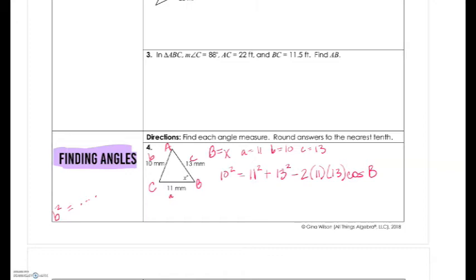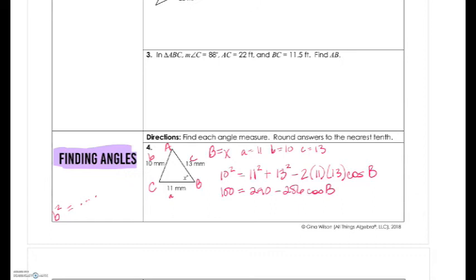So I'm going to go ahead and work this out, and I've got 100 equals 11 squared plus 13 squared is 290 combined, minus 2 times 11 times 13 is 286 cosine of B. So I am simplifying this a little bit as we go.